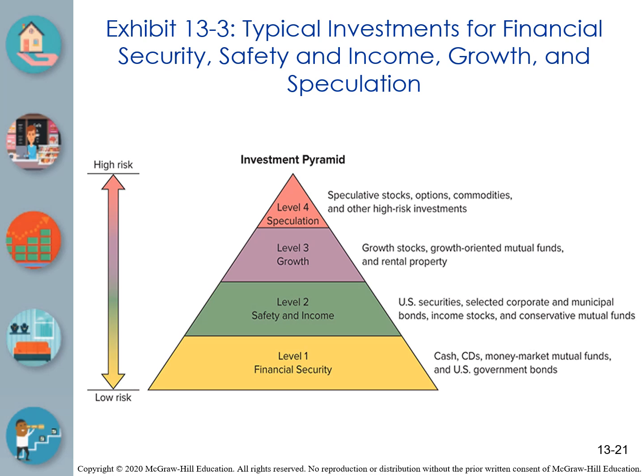And the last of them would be speculative stocks, options, commodities, and other high risk investments. If you don't know what you're doing at the speculative end, then be very, very wary of that. So anyway, you get the idea.